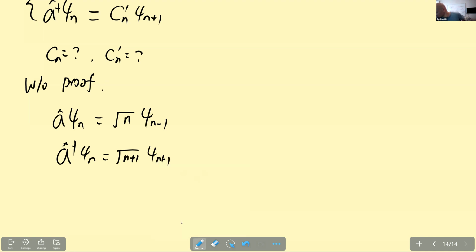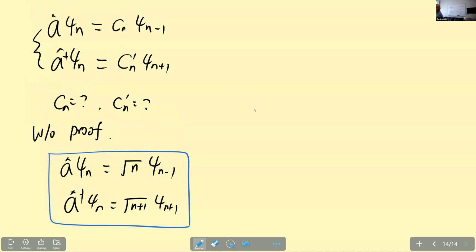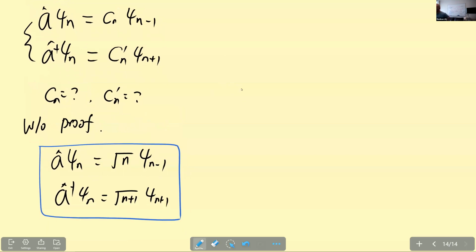So that is something quite useful. And similarly, remember x equals a constant times (a plus a†), and p equals i times a constant times (a† minus a).